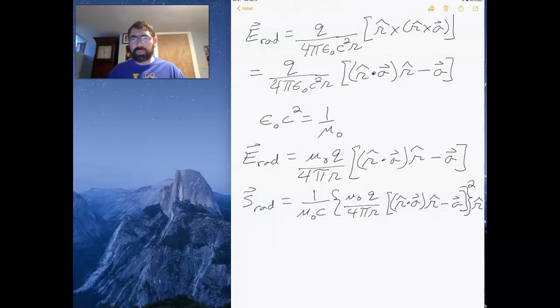Okay, so now if I square what's inside of those curly brackets, what I should get is mu 0 squared, which cancels one of the mu zeros.